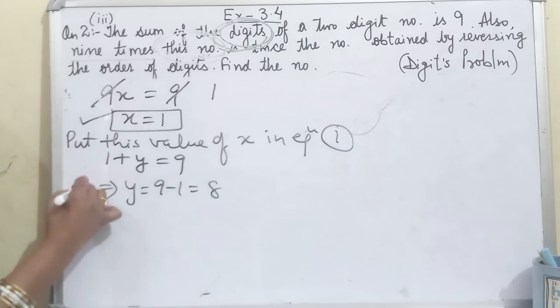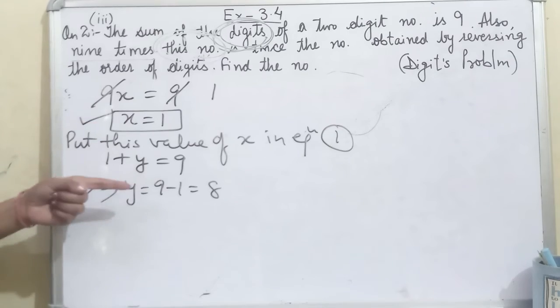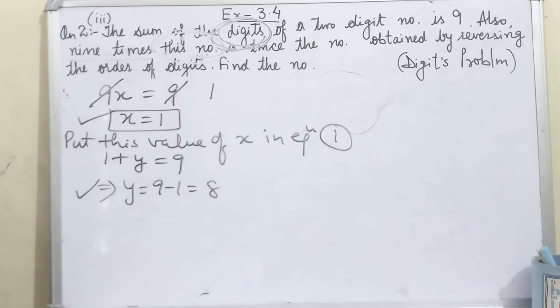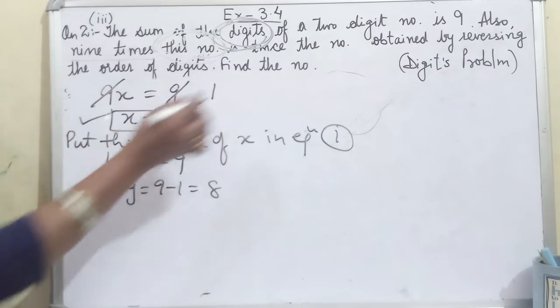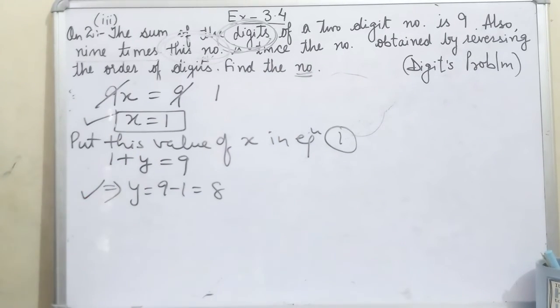Now I have the values of x and y, but these are not the answers. If I write here x equals 1, y equals 8 as the answer, that will not be an appropriate answer because it's asking for the number, and these are the digits. x and y we supposed as digits.